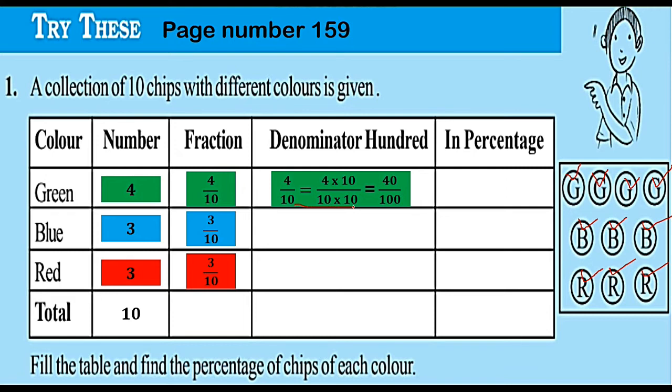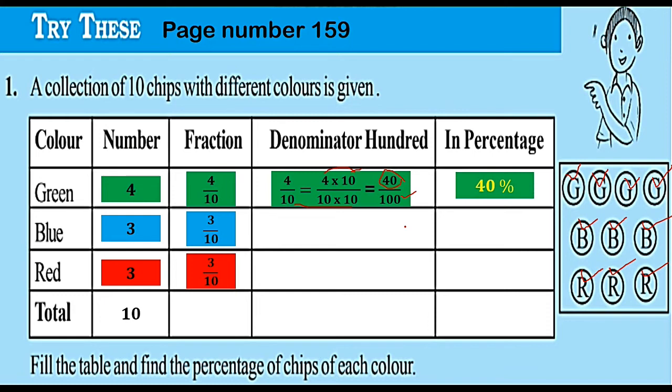So if I multiply the denominator with 10, I will have to multiply the numerator also with 10. So 4 multiplied 10 is 40. And the denominator becomes 10 multiplied 10, 100. So now it is out of 100. So it becomes so easy to convert it to percentage. I'll be just writing 40 and the symbol for percent.